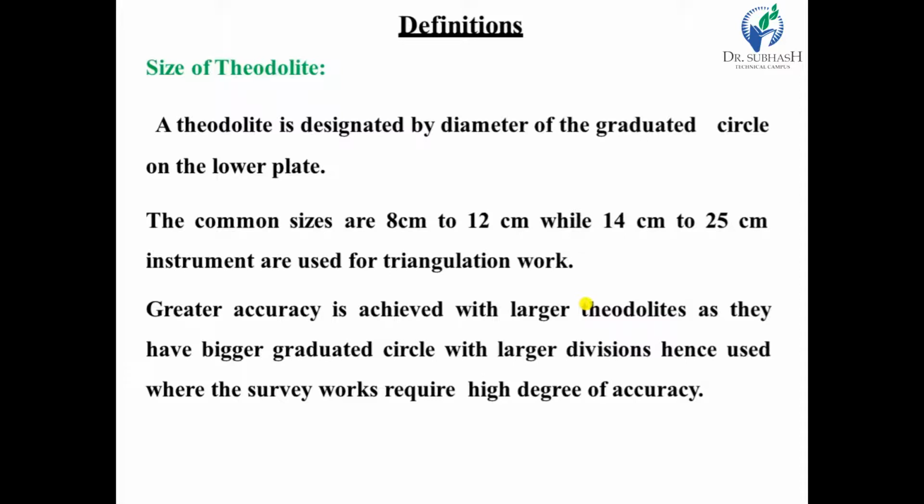The common sizes of theodolite are 8 cm, 12 cm, 40 cm and 25 cm. If our graduated circle diameter is more, then the accuracy of our theodolite is more. So for achieving greater accuracy, we should choose a larger diameter of plates.